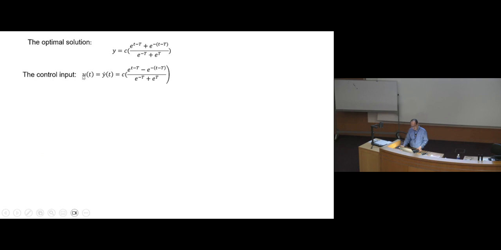And what is the control input? Input is just the derivative of y, right? We can compute that. This is easy, just the derivative of an exponential function. For control problems, we are interested in the case where capital T goes to infinity, right? We want to know not just a finite time, but as time goes on, what would happen?